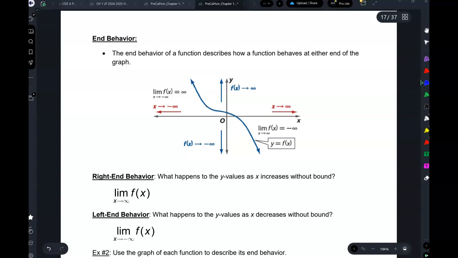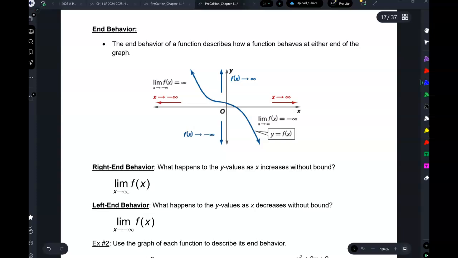Okay. So end behavior, we know this from Algebra 2, right? The end behavior of a function describes how something behaves at either end of the graph. And then, so last year in Algebra 2, I hate that notation. It's like as x approaches f of x. I hate that notation. Now it's just limit, right? So as x approaches infinity, f of x goes down to -infinity, right?